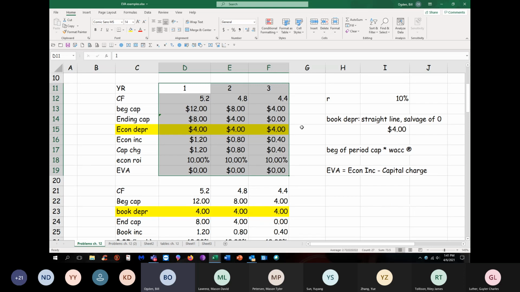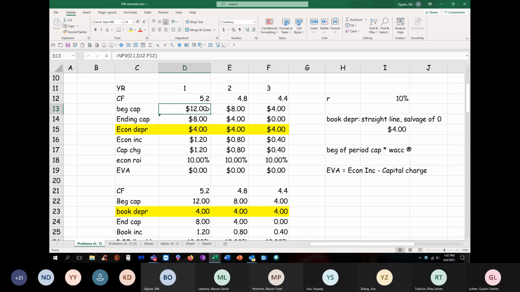this section is fairly close to what we'll do when we start evaluating companies instead of just projects. It'll be called the economic profit model, and it has some of these elements. It has the capital charge. We will have the beginning cap.